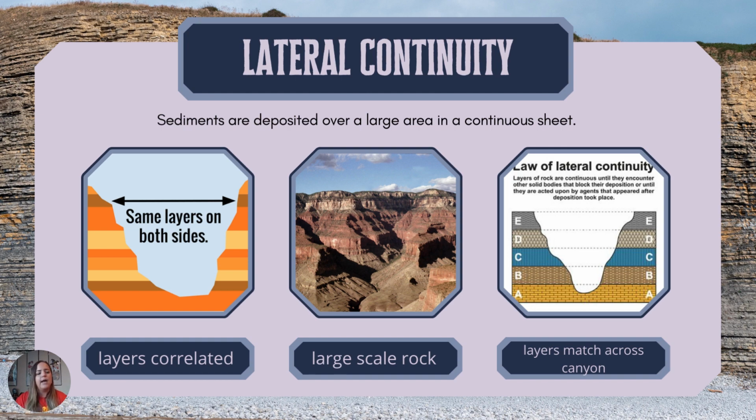In general, the sediment spreads out and thins towards the edges. So if you see layers that are truncated in a canyon, you can assume that the layers actually continue across that canyon. We call that lateral continuity, and we can match layers from one side of the canyon to the other.